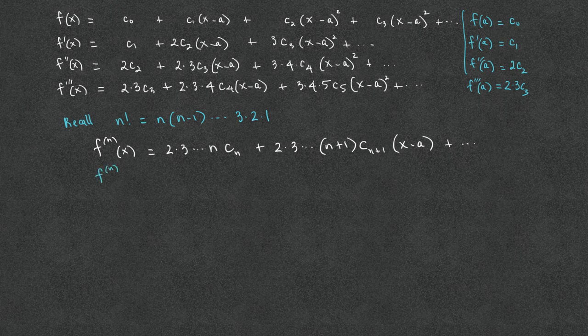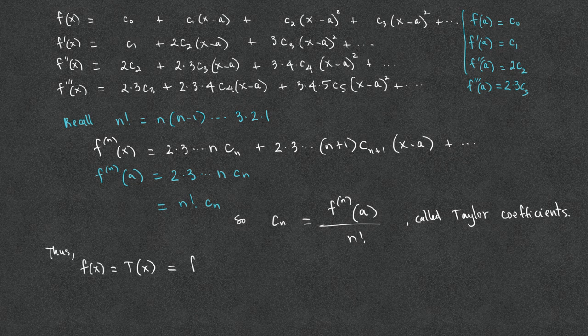The nth derivative evaluated at x equals a is therefore 2 times 3 times dot dot dot times n c sub n. This is n factorial times c sub n. Isolating c sub n, it is the nth derivative evaluated at x equals a divided by n factorial. This is called the Taylor coefficients.